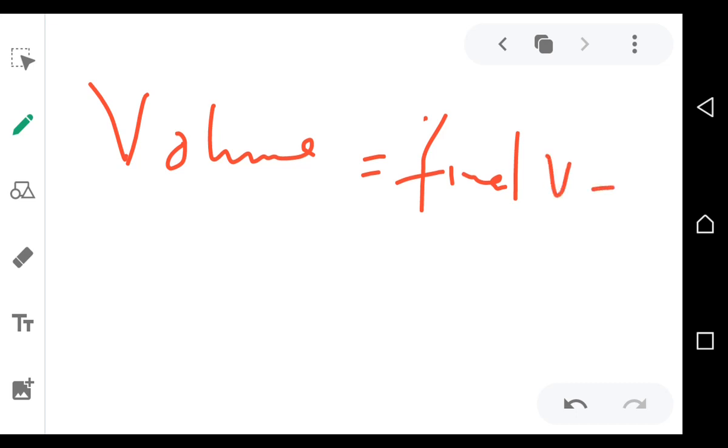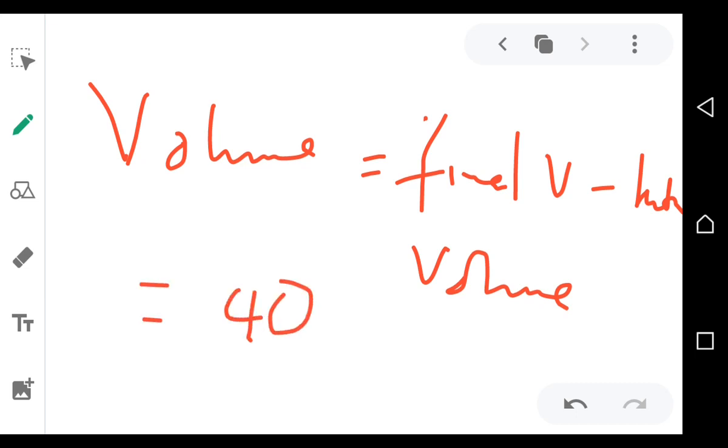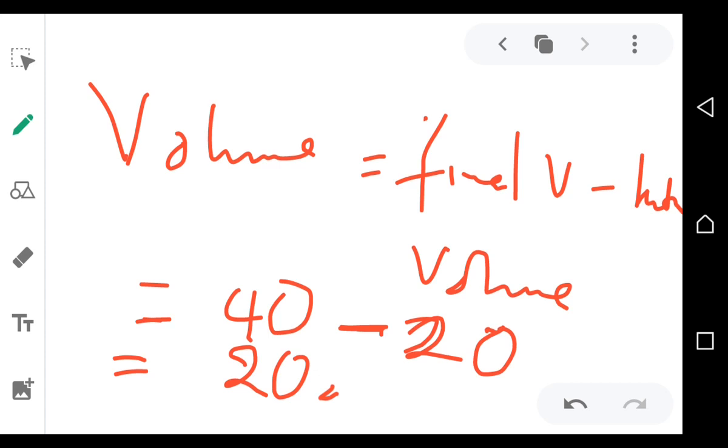The final volume is 40, the water level reached 40. The initial volume before the stone was put was 20. So the volume of the stone is 20 cubic centimeters.